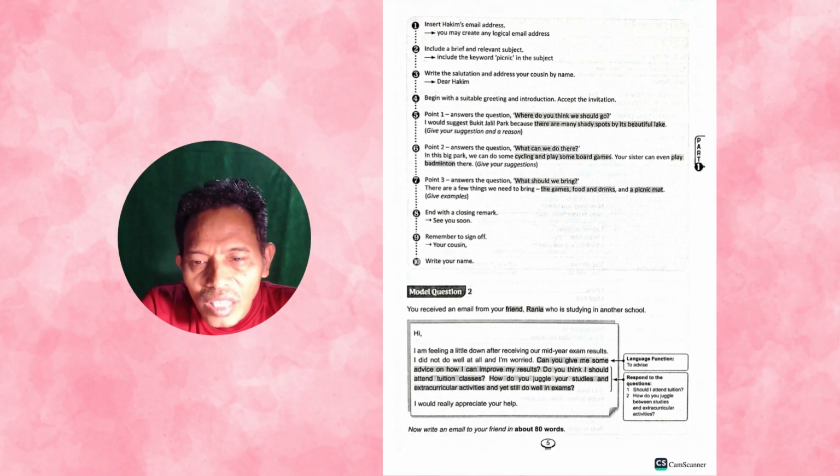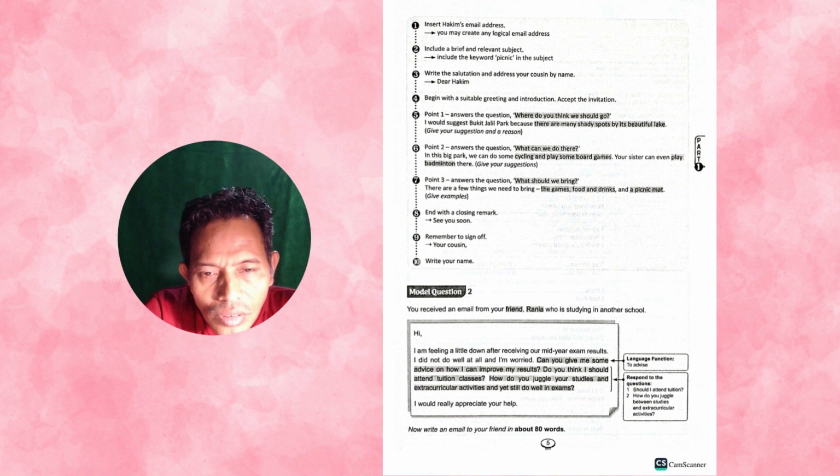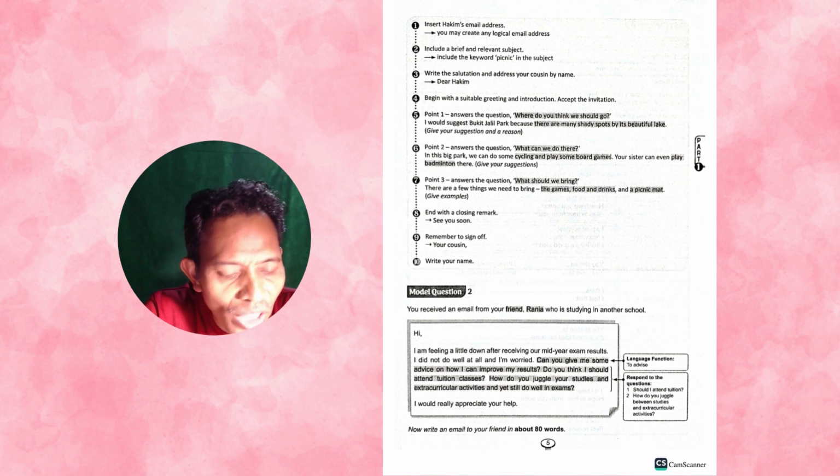Let's look at the 10 elements in writing your answer. Number 1, insert Hakim's email address. Number 2, include a brief and relevant subject. Number 3, write the salutation and address your cousin by name. Number 4, begin with a suitable greeting and introduction, accept the invitation.